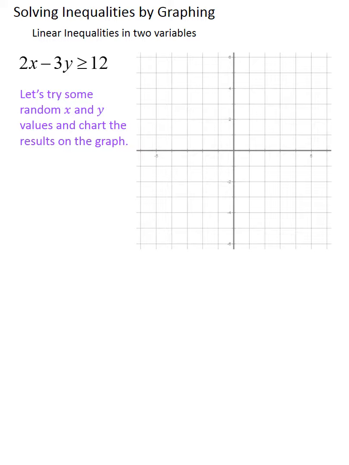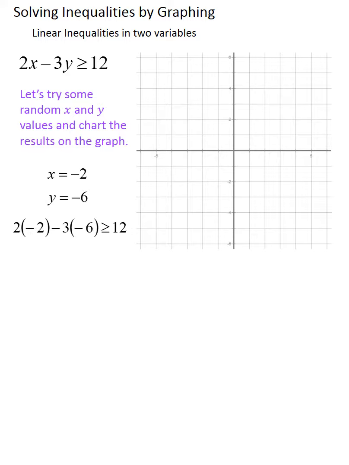If I were to randomly pick x equals -2 and y equals -6, again, this is a totally arbitrary choice, and I'm not suggesting that this is how we solve a problem. We're not at the how to solve these problems yet. We're just at the stage where we want to investigate what things would make this inequality true and what would make it false.